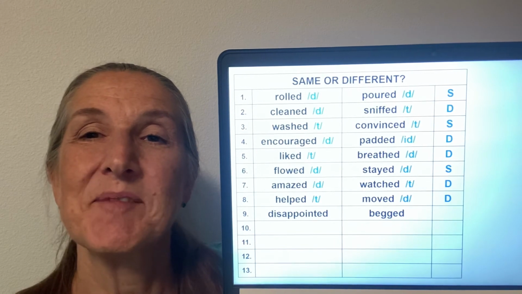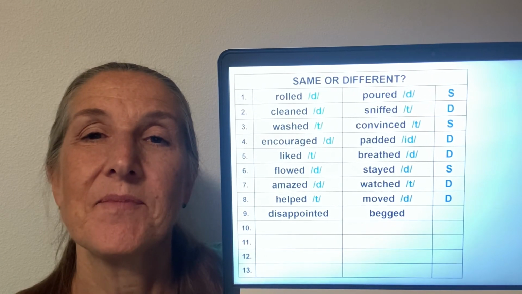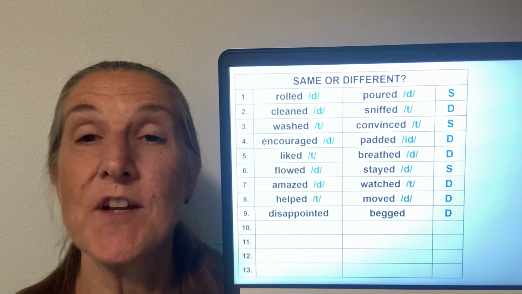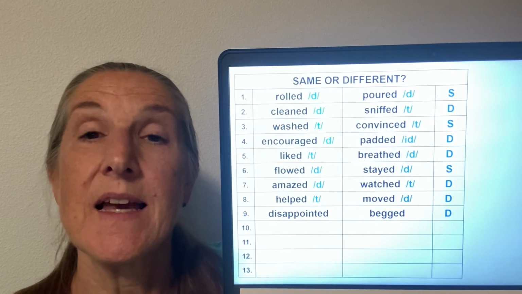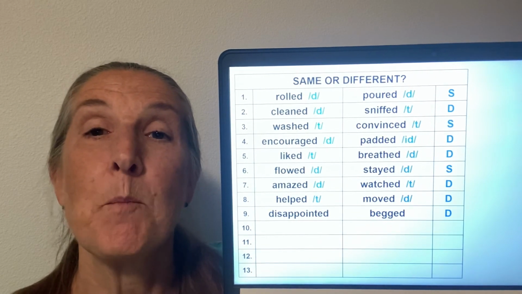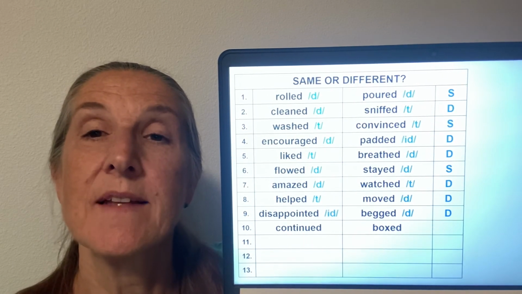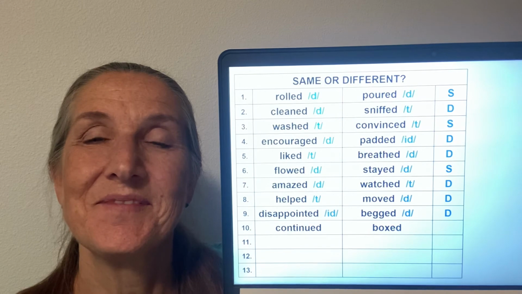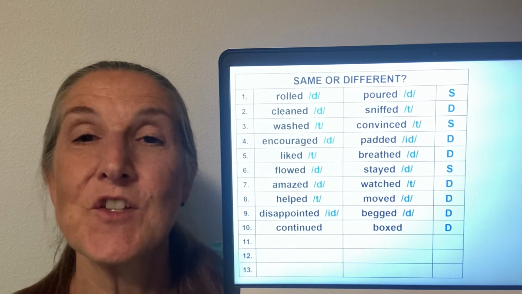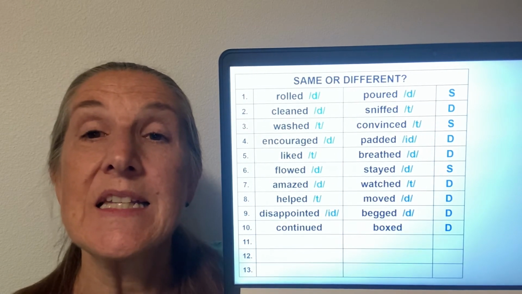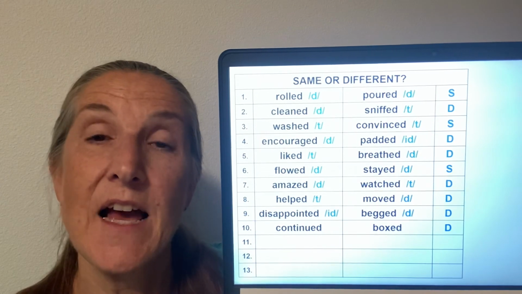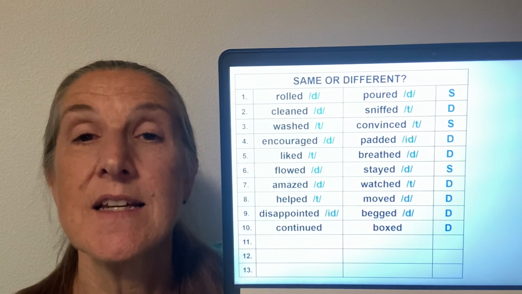Number 9. These are different. Disappointed has the id sound, and begged has the D sound. Number 10. These are different as well. Continued has the D sound, boxed has the T sound.